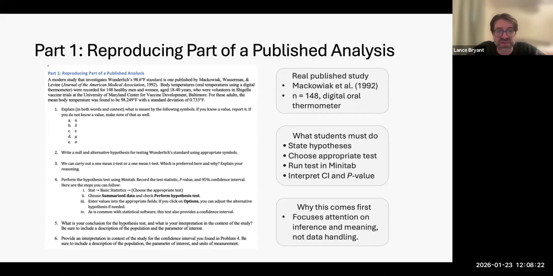And they got to go through and answer some of these questions that they had more or less been exposed to already. Since they didn't have to work with data directly, they were able to really focus on just the inference, getting the conclusion in context and all that.